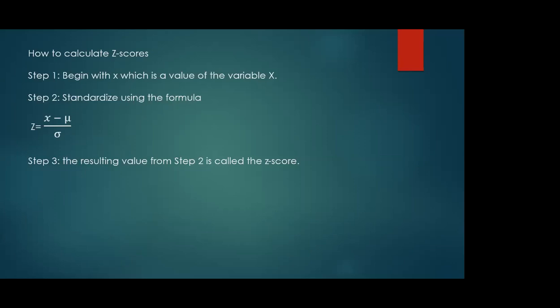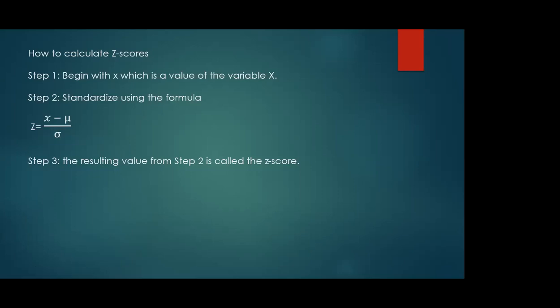The first thing we do is begin with x, which is a value of the variable X. And then we standardize using the formula z is equal to x minus mu, which is our population mean, divided by sigma, which is our population standard deviation.